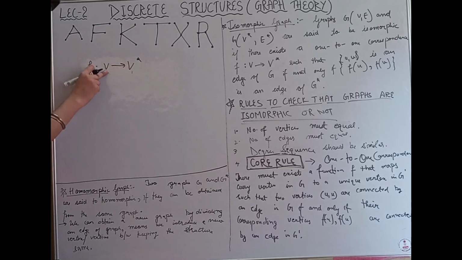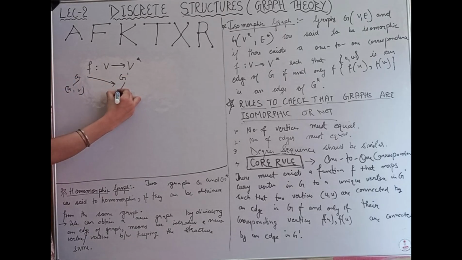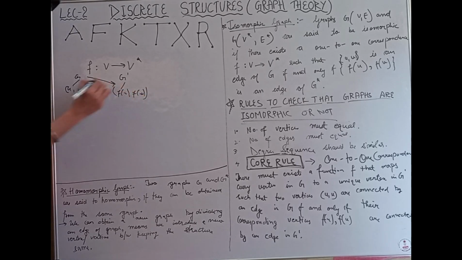This is a vertex in graph G and this is a vertex in graph G star. So this exists if in graph G there is an edge (u, v) which corresponds to the G star graph where you have an edge (f(u), f(v)). When we understand this with the help of an example, then you will get the clear concept.